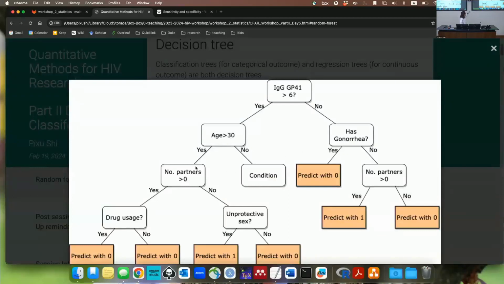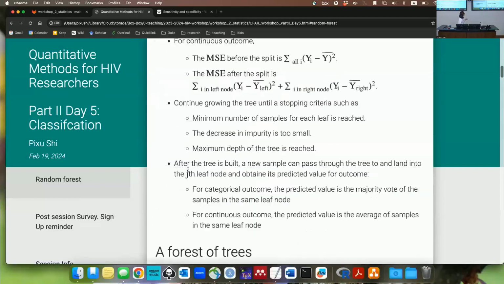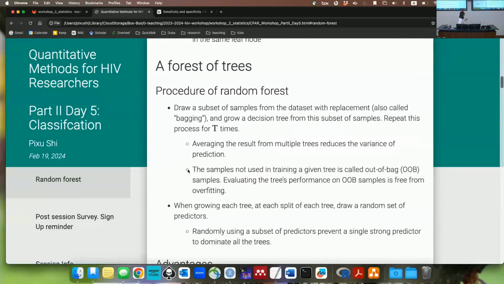For this tree, you may have age before number of partners. The other tree may have the other order. So there's really no well-defined connection between the outcome and the predictor. The good thing is that you can characterize all kinds of nonlinear relationships. The bad thing is that you don't really have a defined relationship, so you don't know the direction of effect. So that's the advantage versus the disadvantage.